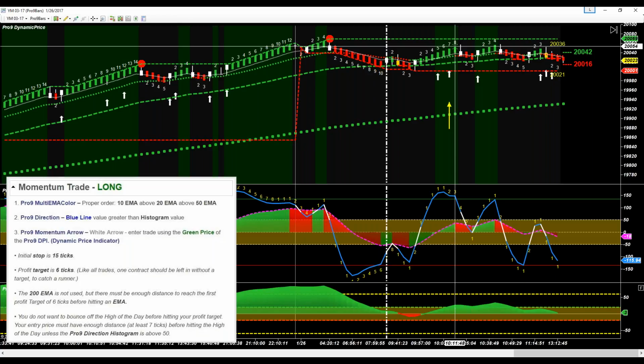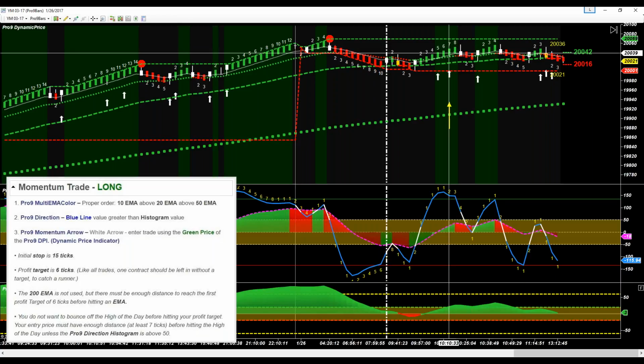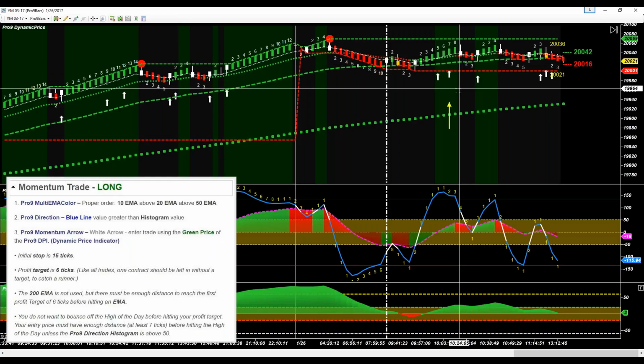So adjusting it, you run that risk of getting stopped out sooner than we had to, or if we had just a little bit more wiggle room, we may have hit our profit target. So something to consider in that. So I stick just with the 15-tick stop until it gets stopped out, or until we hit profit target.